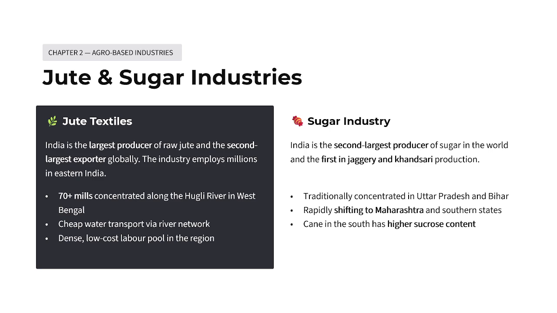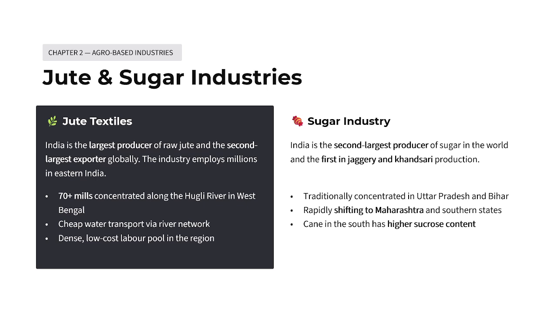Almost 70 plus mills are concentrated along the Hooghly River in West Bengal. Cheap water transport is available through the river network, and the population is large, so labor cost is very cheap. That is the reason jute textile developed in eastern India.